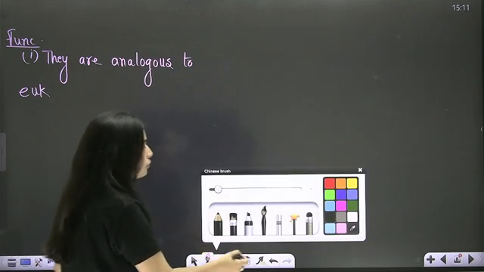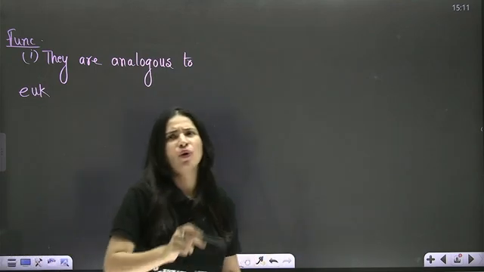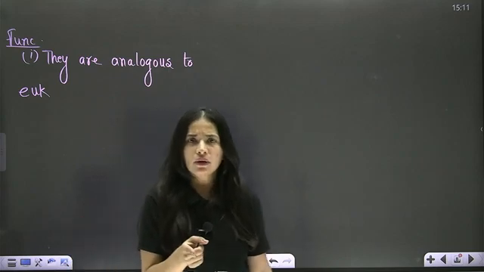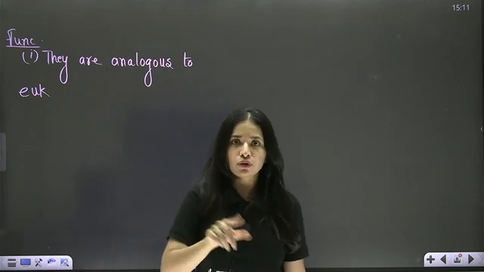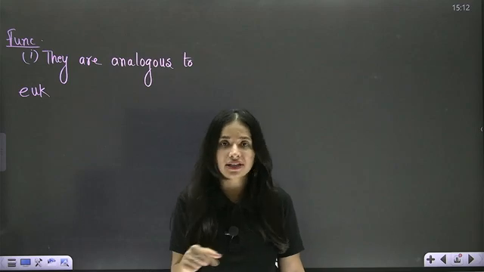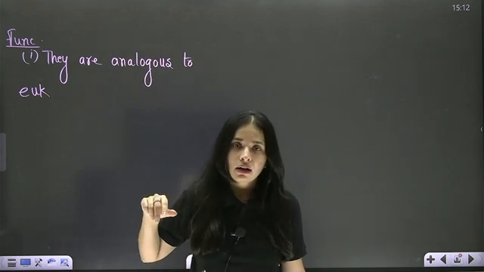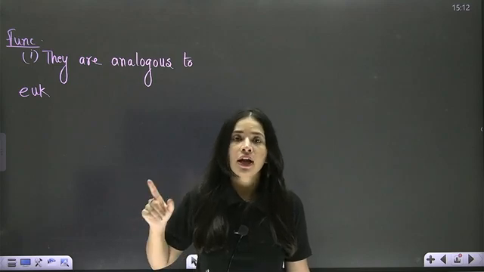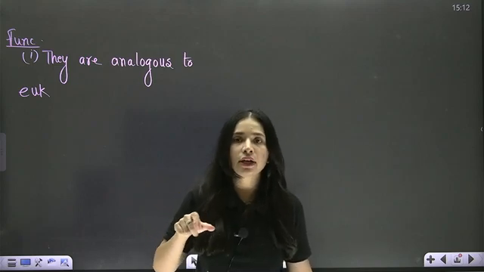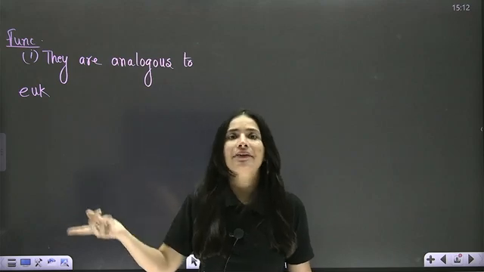Analogous means same function but different origin. You all know homologous, analogous. Mesosomes also perform the same function as mitochondria. Both help in glucose breakdown, but both have different origin. One originates from the infolding of plasma membrane and the second has some other origin.